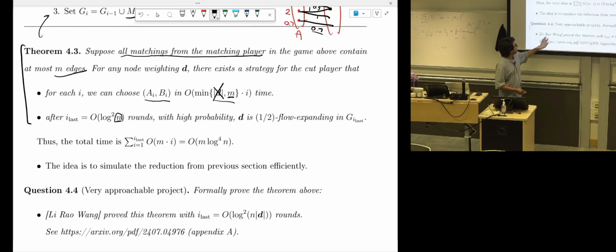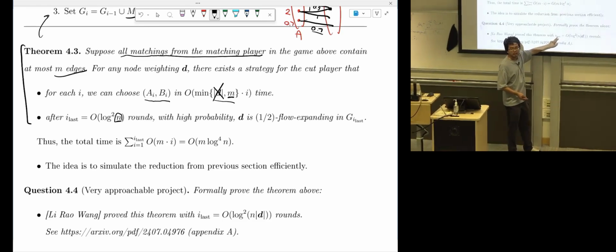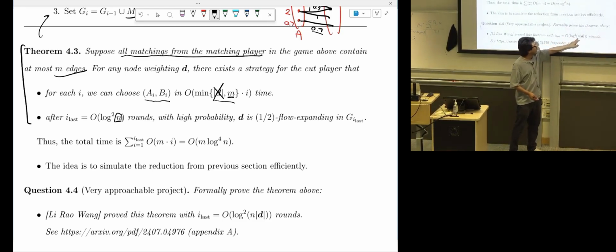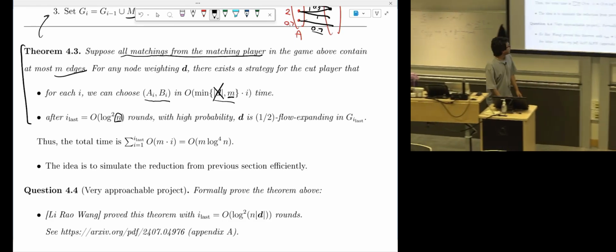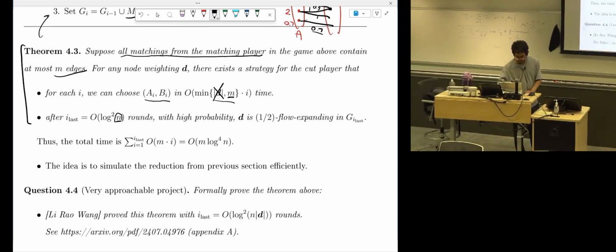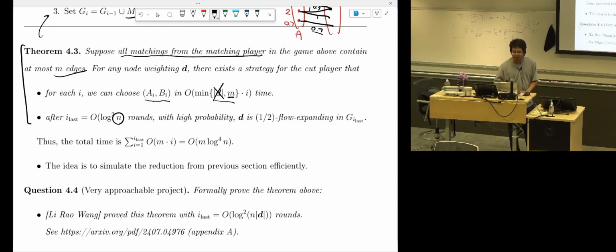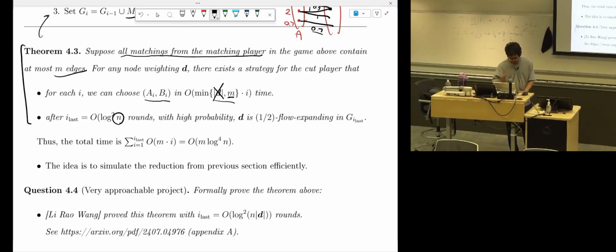So this paper by Jason Lee, Satish Rao, and Di Wang actually proved this theorem where the number of rounds is something like log square of N times D. And this can be quite big if you think of D as something huge that doesn't really depend on N. But we can make it just log square N actually.